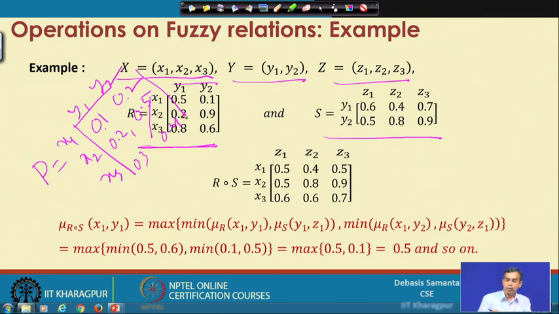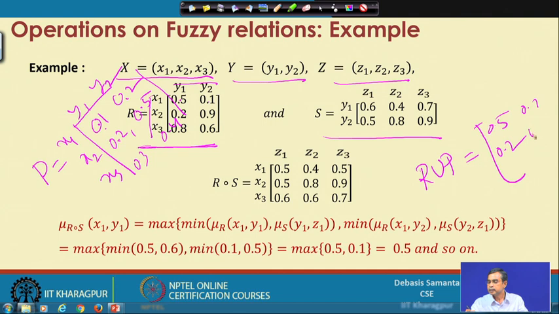Now, if we want to find the union of the two relations, R union P, the relation is obtained by taking the maximum of the corresponding entries. So, 0.1 and 0.5, the first entry is 0.5, then 0.2 and 0.1, so we take 0.2, then 0.2 and 0.2, so 0.2, then 0.5 and 0.9, so 0.9, then 0.3 and 0.8, so 0.8, then 0.4 and 0.6, so 0.6.